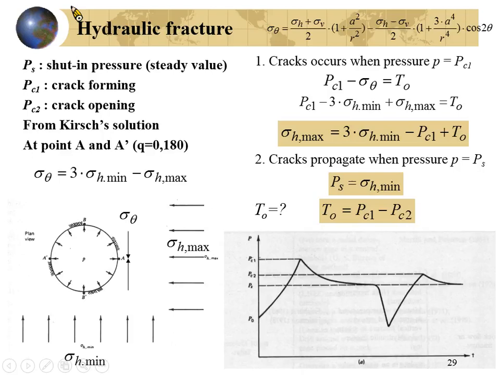Then I apply a pressure inside the borehole and increase the pressure, and you have some vertical fracture flow and propagate. Where should it appear? It should appear here, because you have the smallest sigma theta here, so you will have the least resistance to the opening of the fracture. It will be easier to make the rock fracture here, but not here.